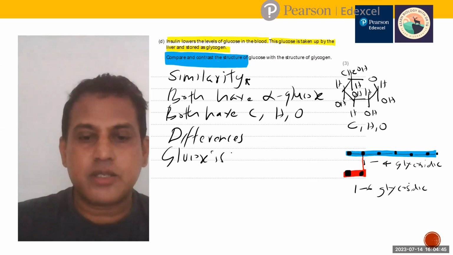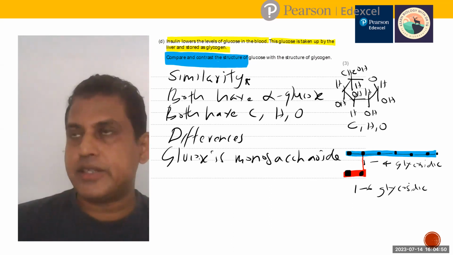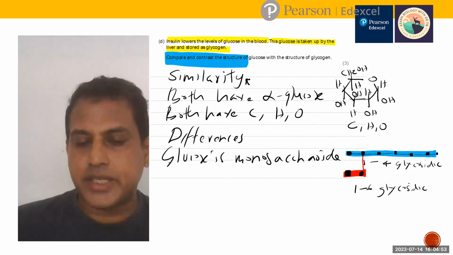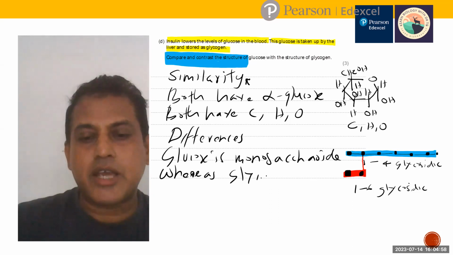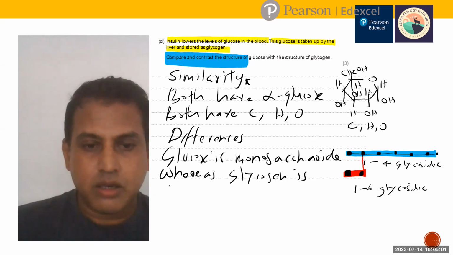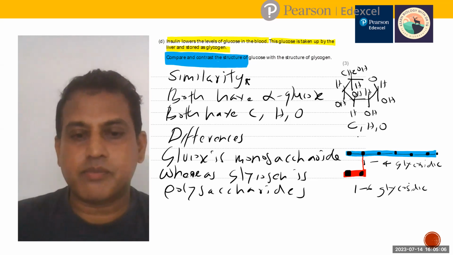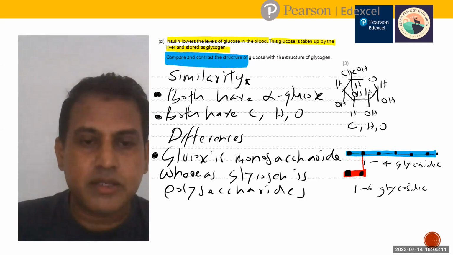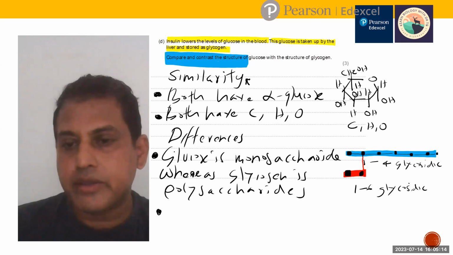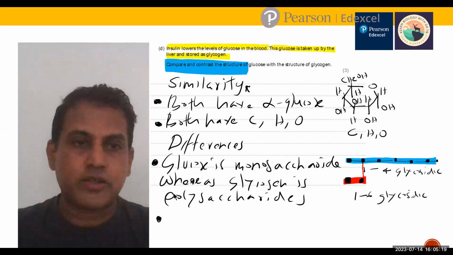Glucose is monosaccharide, whereas glycogen is polysaccharide. So we have one clear difference and you have two similarities. And we can also write another clear difference. Glucose has no glycosidic bond, but glycogen has glycosidic bonds.